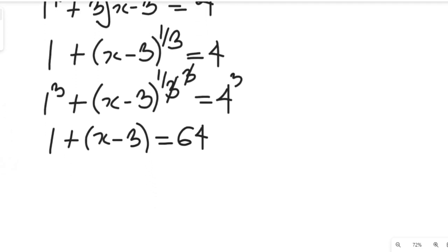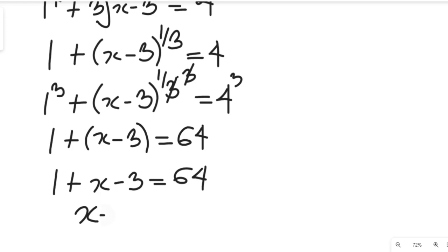Good. Now, student A went ahead to simplify this, which is 1 plus x minus 3, and this is equal to 64. If you simplify this, you're going to have x minus 2, and that will be equal to 64.